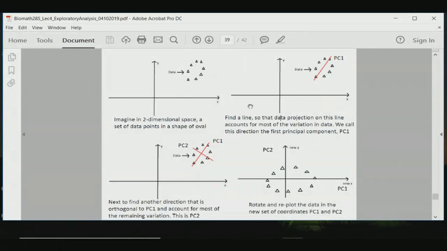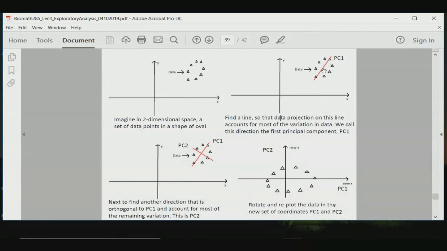To construct the first principal component, you draw a line here and rotate your line until you find a line onto which the projection of all the data points accounts for the most variation of the data. Okay, when you fix this line, this is the direction of the first principal component.